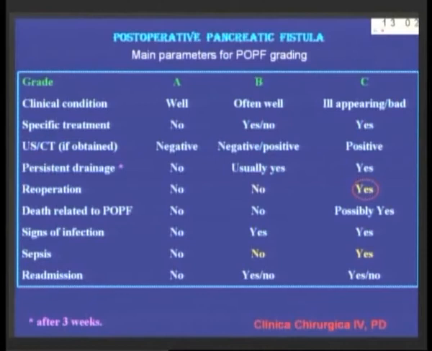We heard also that there is a main grading of pancreatic fistula, but we can see that the main difference between B and C pancreatic fistula is the reoperation and sepsis.